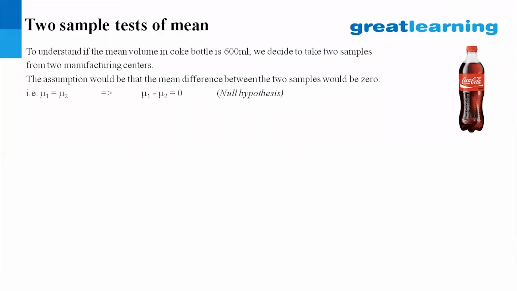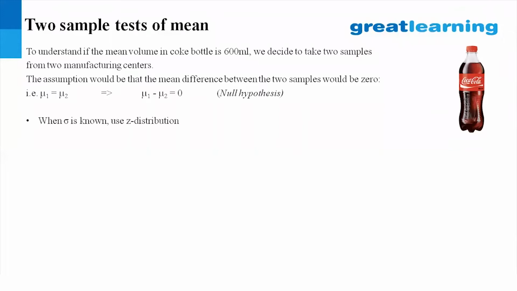We'll want both of them to pour in 600 ml. So mu1 is the mean volume by the first manufacturer, mu2 is the mean volume by the second manufacturer, mu1 should be equal to mu2, or the difference between mu1 and mu2 should be 0. That will be our null hypothesis.